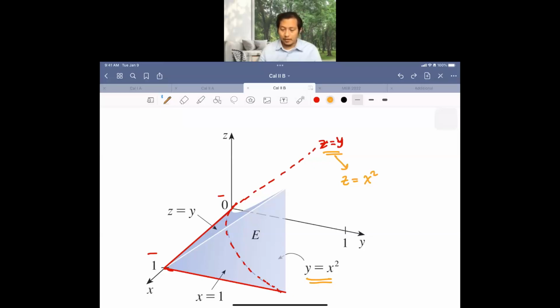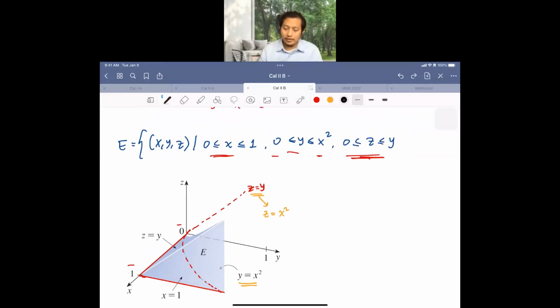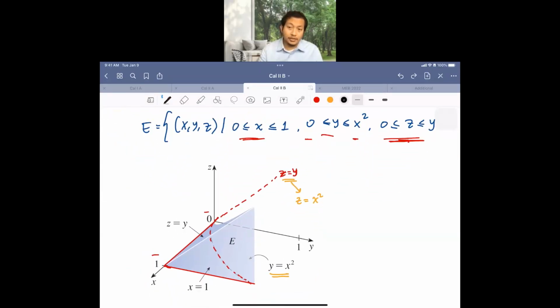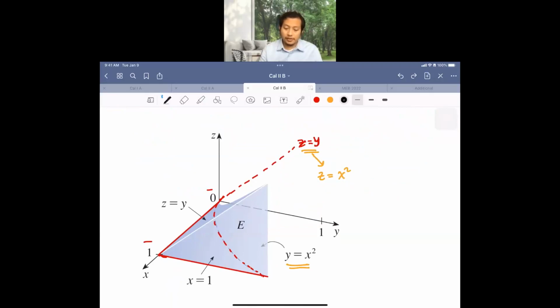Now, the thing is how to change the order of integrations. So how to change is basically, first we need to translate the solid E into 2D projections.